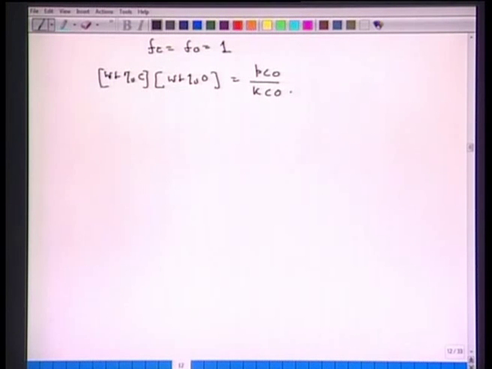Now, this equation suggests that the product of weight percent carbon and weight percent oxygen depends upon the partial pressure of carbon monoxide and the value of KCO.